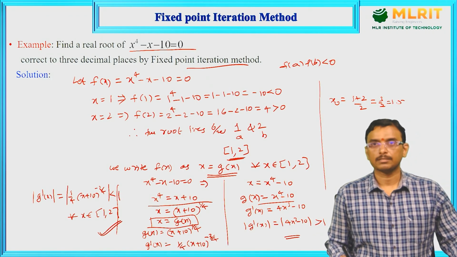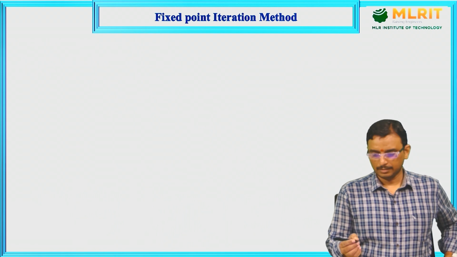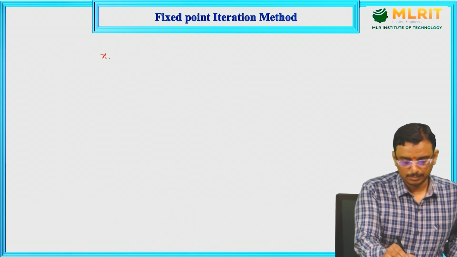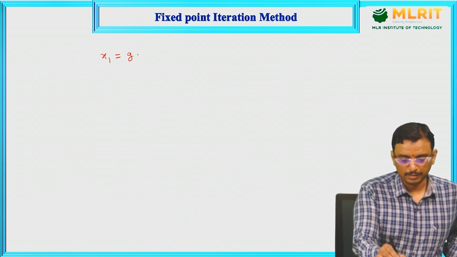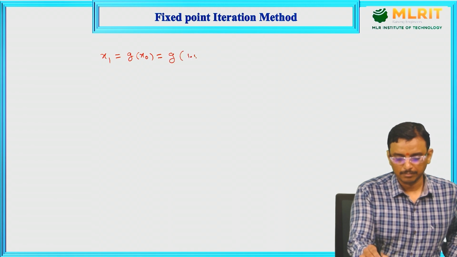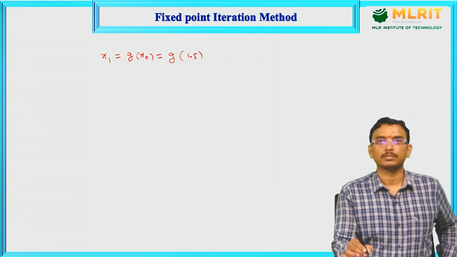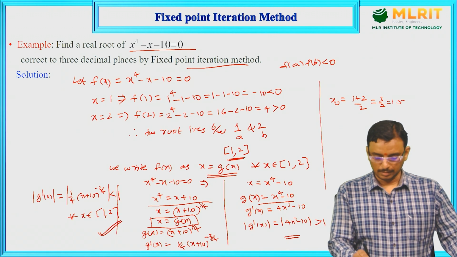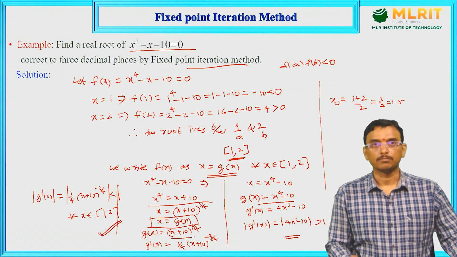So x naught is equal to 1.5, and x1 is equal to g of x naught, which is g of 1.5. We already know that g of x is equal to (x plus 10) whole to the power 1 by 4.